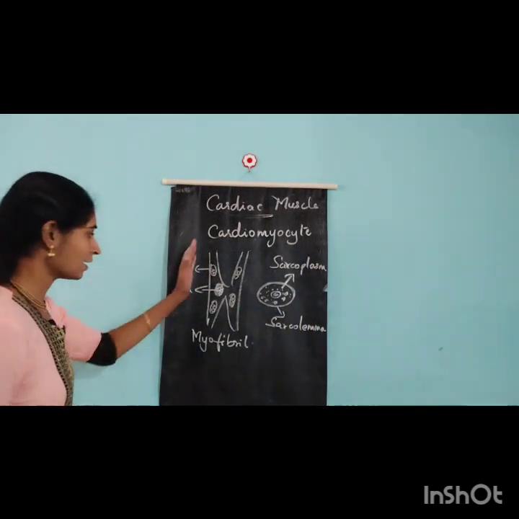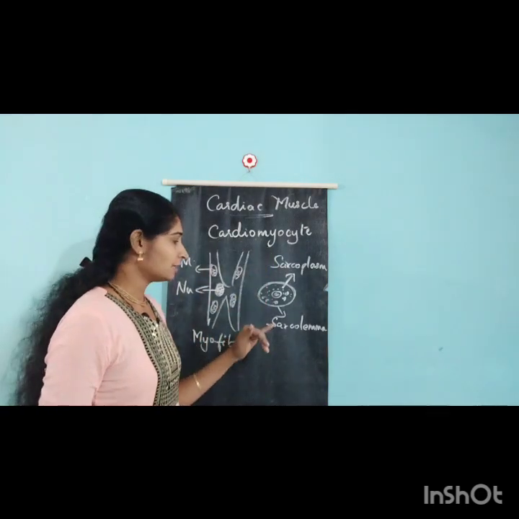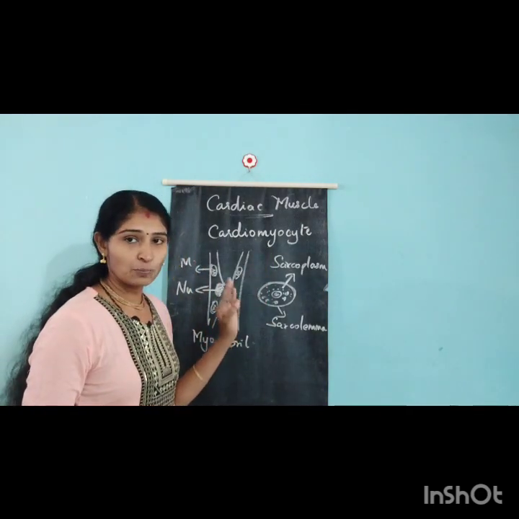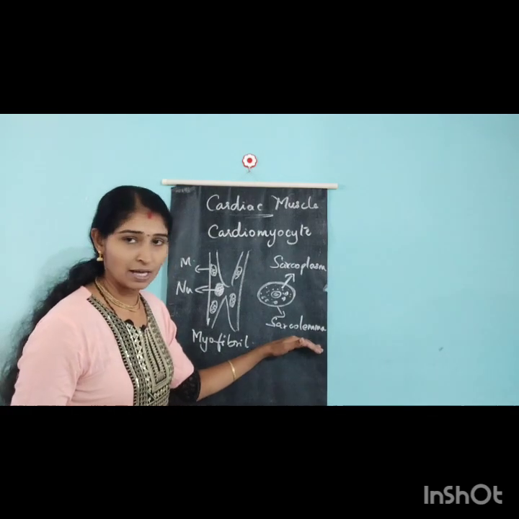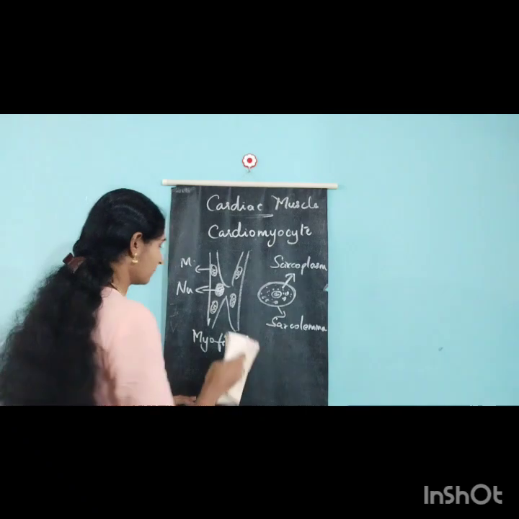So the outer layer covering the cardiac muscle cell, cardiomyocyte. The outer layer which is covering the cardiomyocyte is what? Sarcolemma, and the inner plasma which is present is called as sarcoplasm.